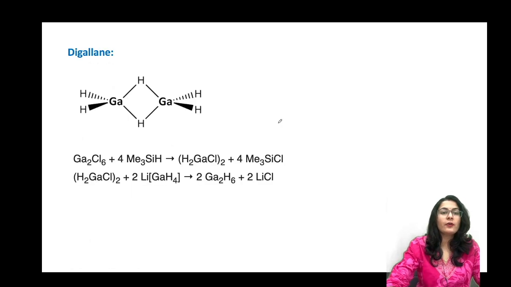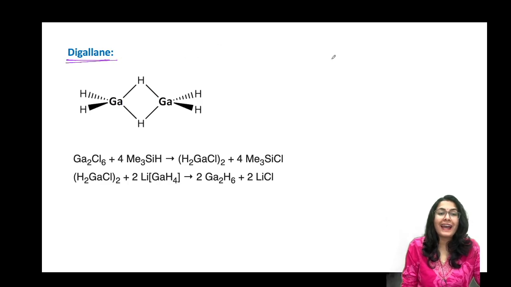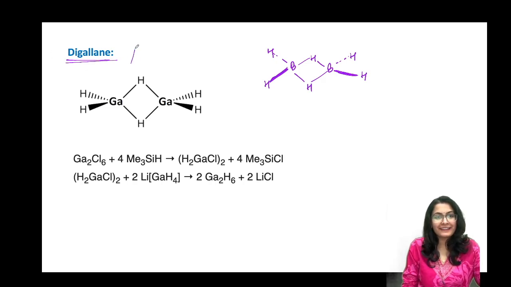So your final product is going to be a digallane, and the structure is very similar to diborane, isn't it? Two of these are going to be perpendicular, just like that. Just like diborane, we have a digallane.